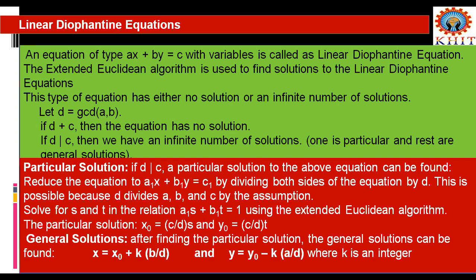We can check whether the equation has a solution or not by calculating the d value. First, the d value is nothing but the GCD of a and b. So find the GCD of a and b to get the d value. d is the GCD of a and b.